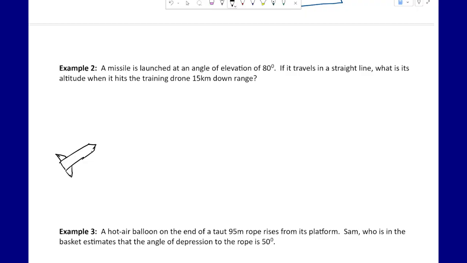There's our missile. It's getting launched at an angle of elevation of 80 degrees, so we can assume that it is on the ground. It is being measured at 80 degrees, and it's going to fly in a straight line until it hits our training drone. So let's draw a quick training drone.